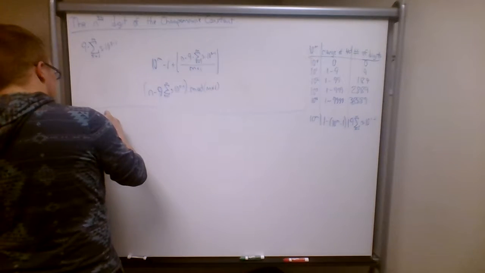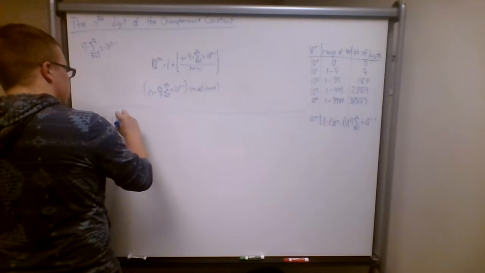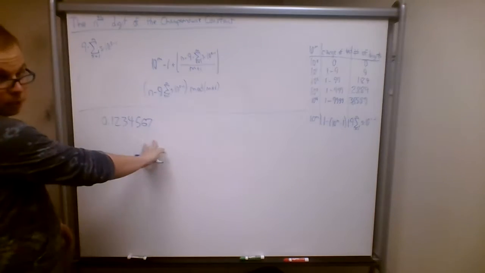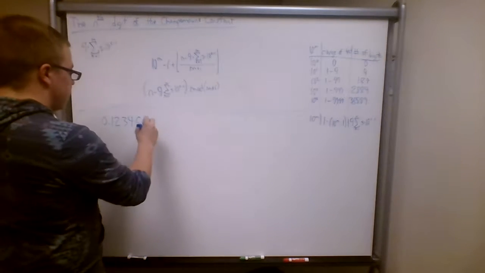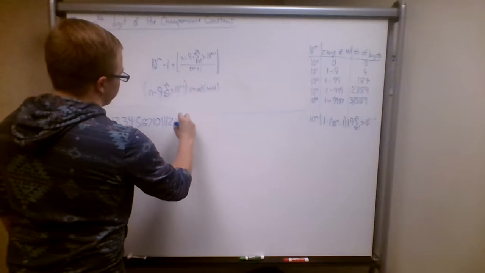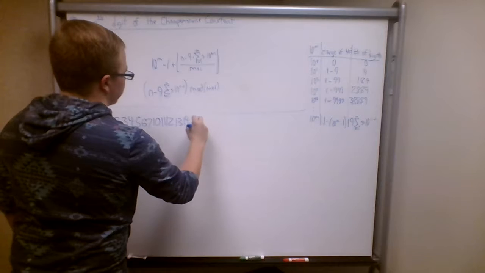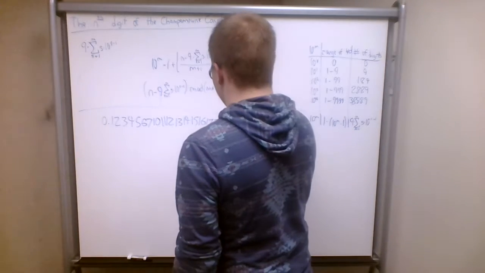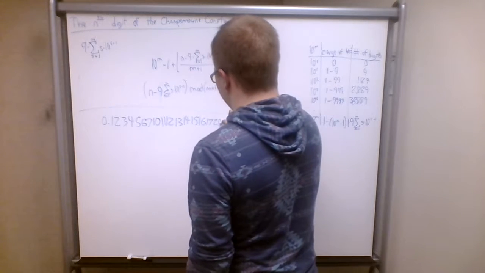So we have 0, 1, 2, 3, 4, 5, on and on. But now we get up to 7, right? So this is base 8. Then it goes to 10, 11, 12, 13, 14, 15, 16, 17, 20, and so on, right?